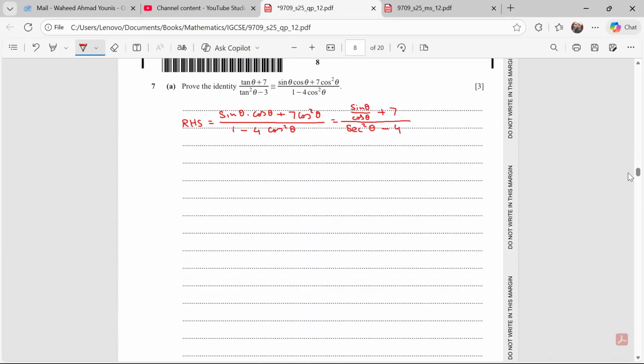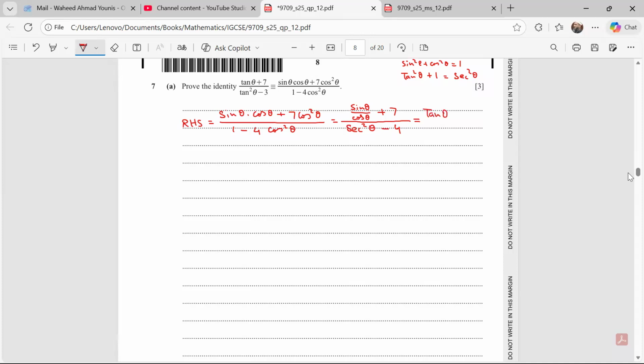Cos square is gone. Now remember, we have this famous identity sine square theta plus cos square theta equals 1. If I divide it by cos square, it will become sine over cos, it will become tangent square theta plus 1 equals secant square theta. Okay, so I will use this identity over here. So sine over cos is tangent, right?